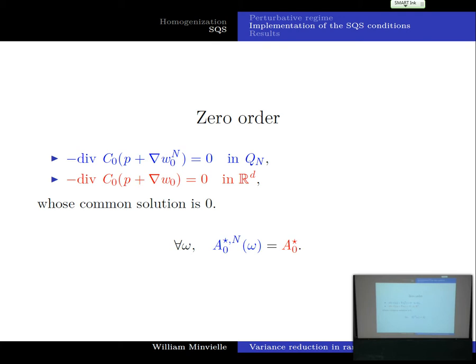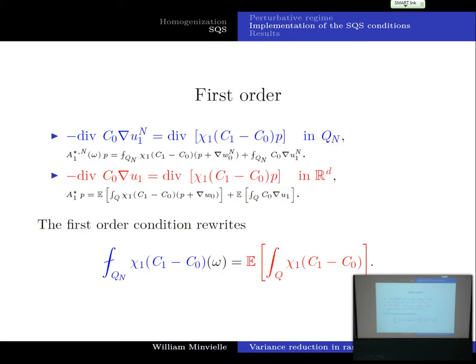And the stationary solution of this equation on R^d, which is a limiting counterpart, is also 0 up to a constant. Very well. So I've got this guy, which is actually equal to this guy. No work to do. Very good. So every realization automatically satisfies the zero-order condition, which is just a consistency condition in some sense. Okay. Let's move on to first order. Hopefully it's a little bit more interesting. So now I've got the same operator, but a different right-hand side, which comes from the perturbation expanded at the first order, right?